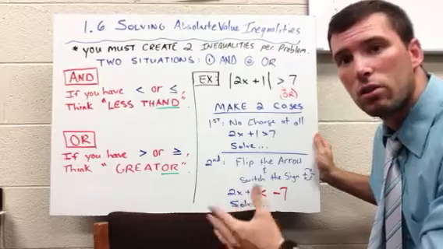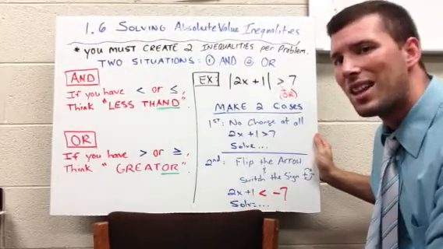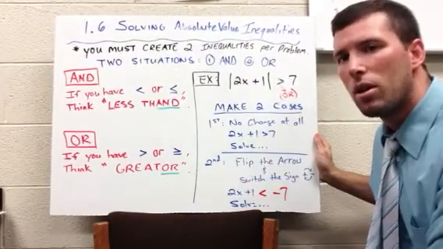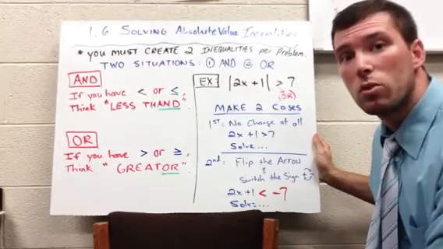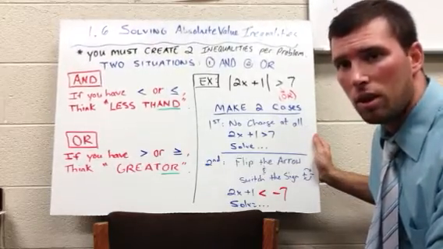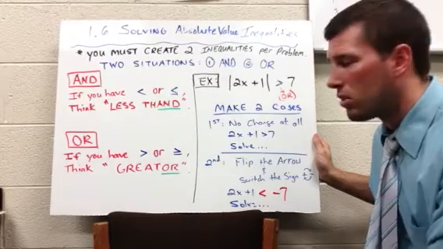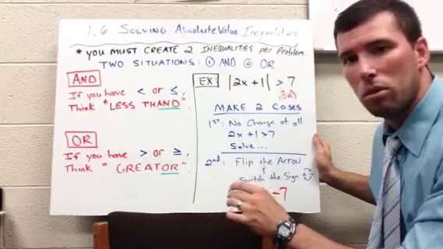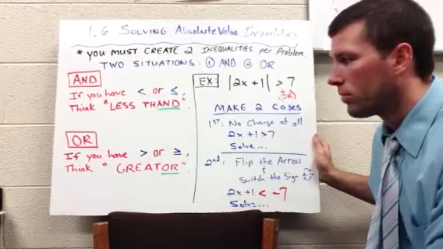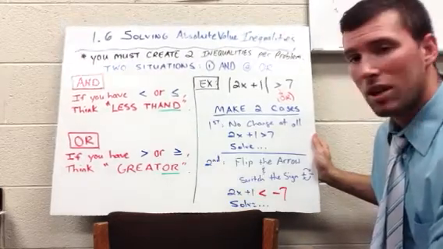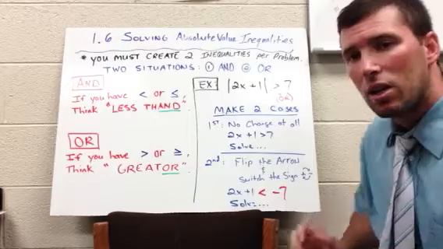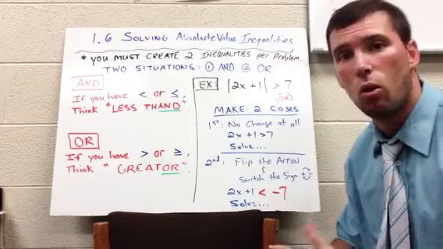Instead of greater, think greater. So throw that O in there, and that might be a simple little help for you to recognize which situation you have, because they're not going to tell you now, like the compound inequalities. This will be more on your own, and you're going to have to decipher the inequality sign. Okay, so less than or equal to is the and, greater than or greater than or equal to is the or.